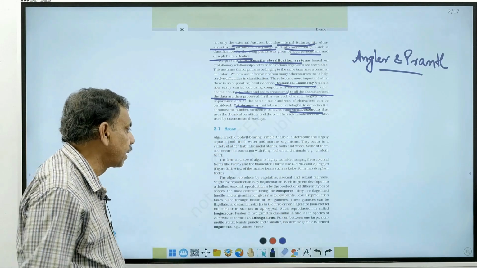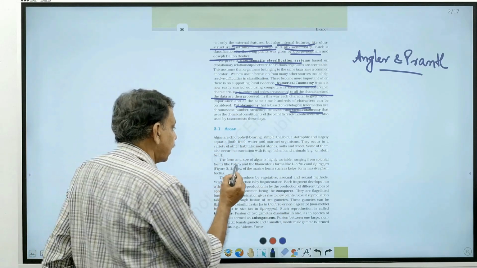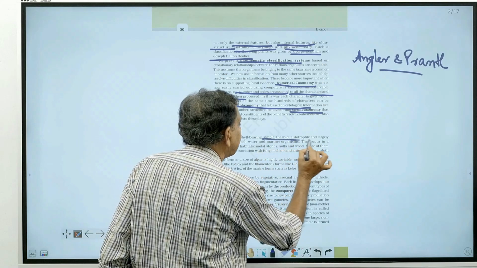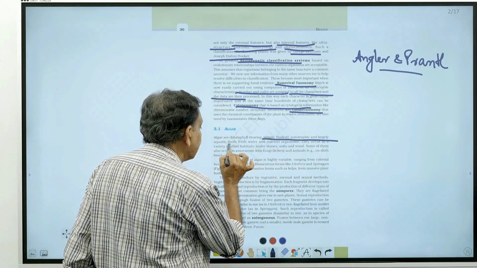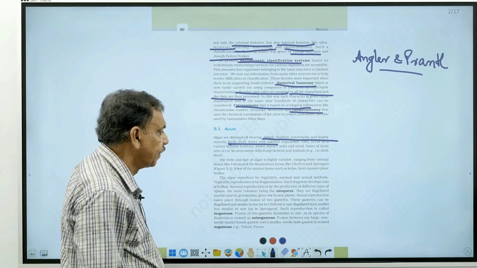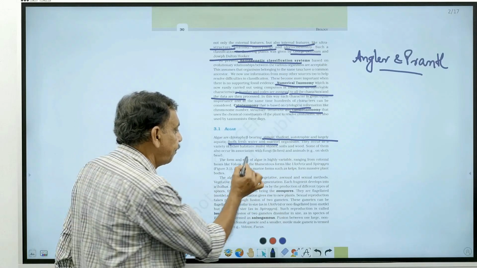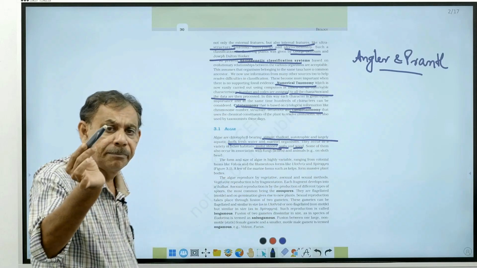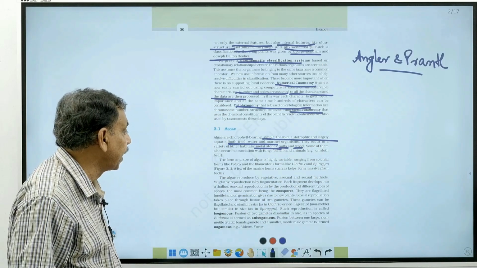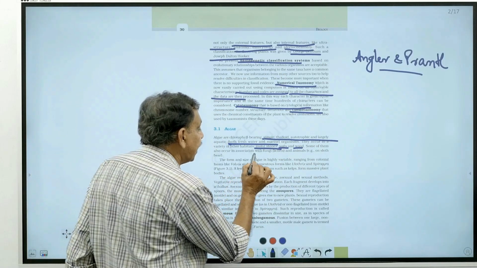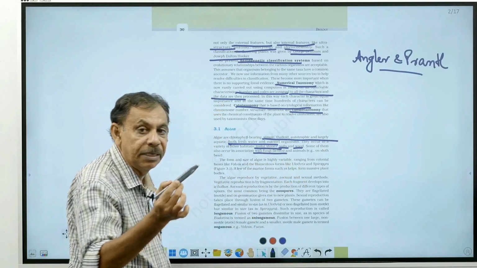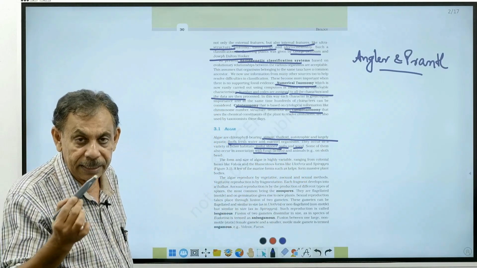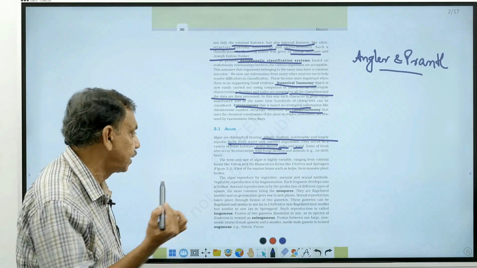Most of them are found in water. They are autotrophic, with a simple thalloid body, found both in fresh water and marine. Very rarely you can find them in moist zones, soil and wood. Some members grow in association with fungi, for example lichens.